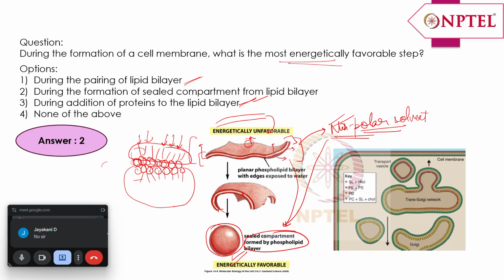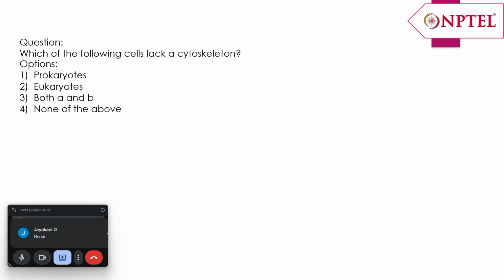Okay, let's move on to the next one. Which of the following cells lack a cytoskeleton? So what can be the correct answer? Any more answers?